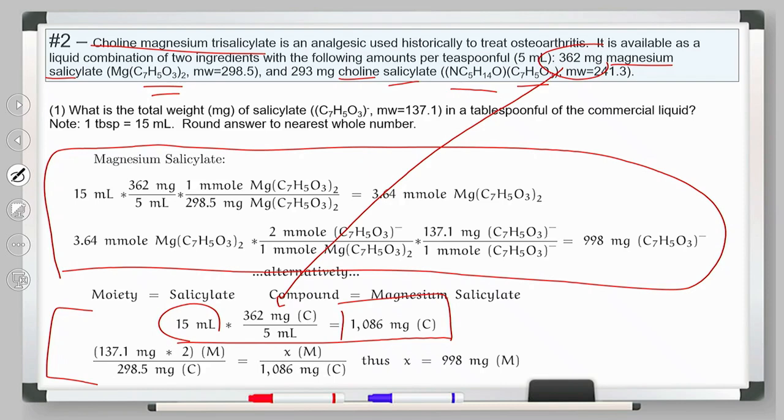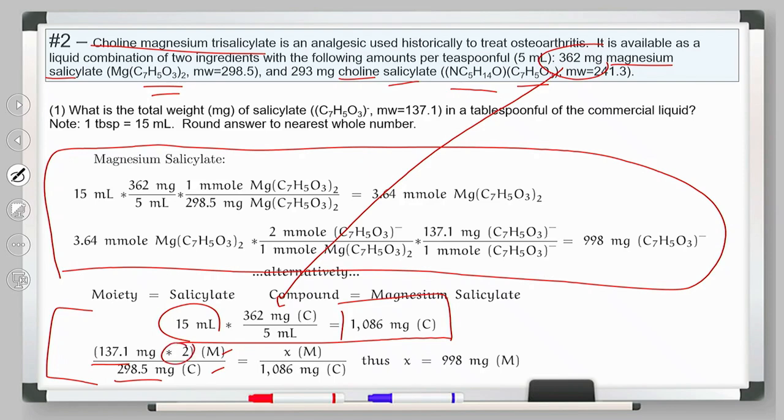But I want to know salicylate. I got my compound, but I want my moiety. Do you see where here's my moiety, here's my compound, here's the molecular weight of my compound, but I'm going to take my moiety molecular weight, and what am I doing to it? Multiplying it by 2.